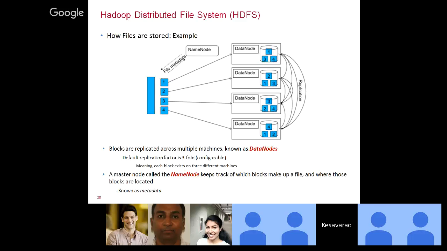Name node is like a metadata, so it doesn't really hold the real data. It holds the metadata. It's the data about data. That means what data is going to what data node, and what data is being accessed by which user. All that type of information it's tracking. It's basically a tracker, name node. That's how it can coordinate.